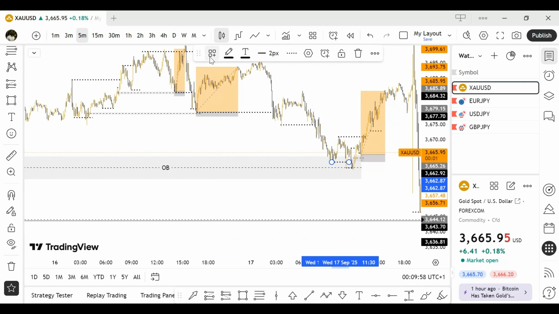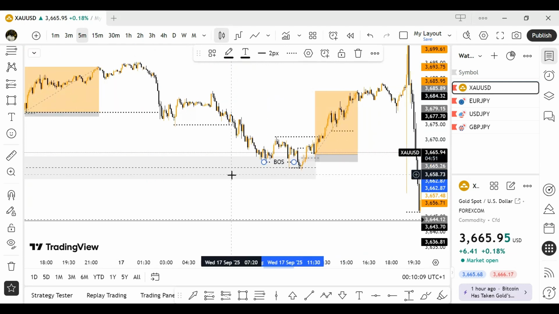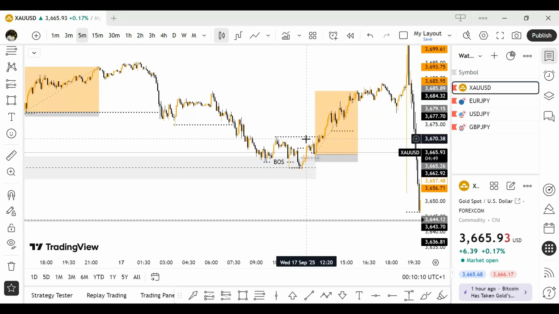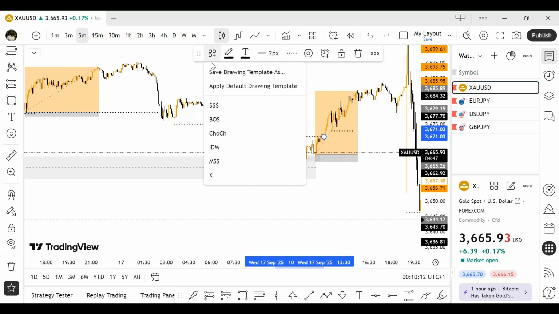This is the last break of structure after tapping into this order block. This is the last break of structure, and what do you see? Market gave me a market structural shift. That's the market structural shift.